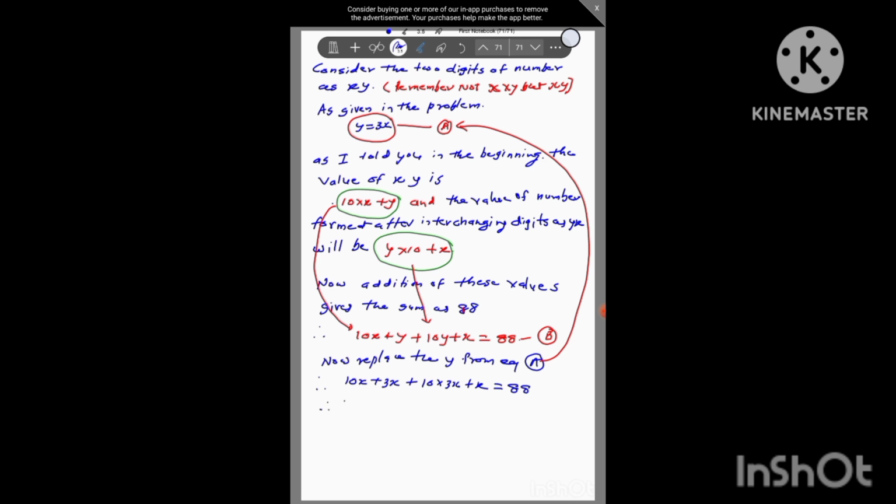If you add it up, you will get 44x equal to 88, so x will be 88 upon 44, that is 2.